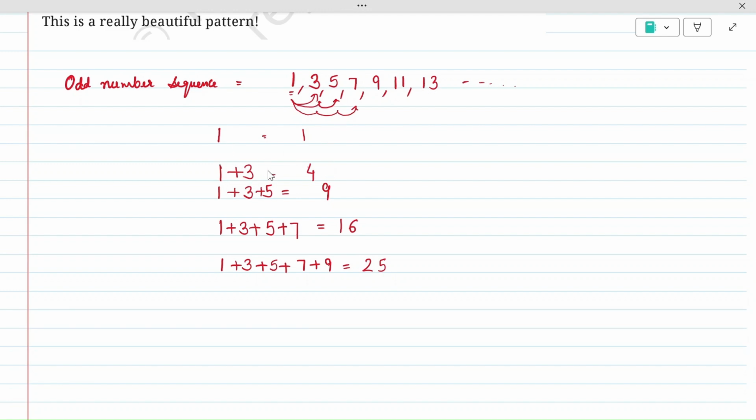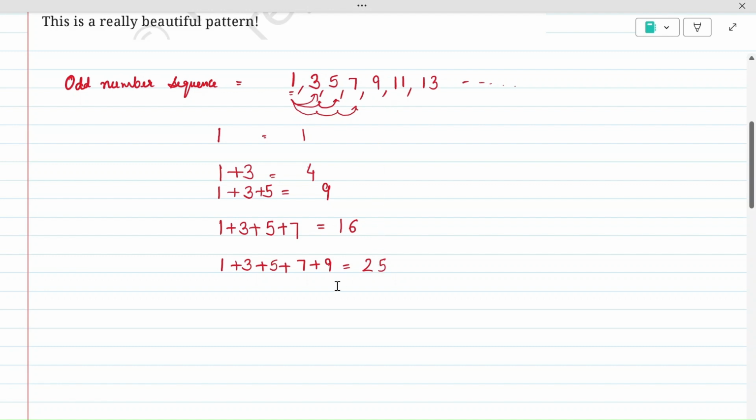To get the next number of the sequence, we did 1 plus 3 plus 5. So we got 9. And next, we did 1 plus 3 plus 5 plus 7, so we got 16. And the next number was 1 plus 3 plus 5 plus 7 plus 9, which gave us 25, right?